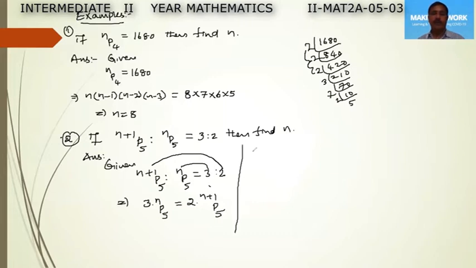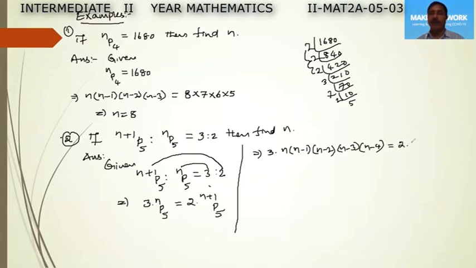Now this implies 3 into nP5, which we can write as the product of 5 consecutive values from n in descending order: n into n minus 1 into n minus 2 into n minus 3 into n minus 4. And this is equal to 2 into (n plus 1)P5.